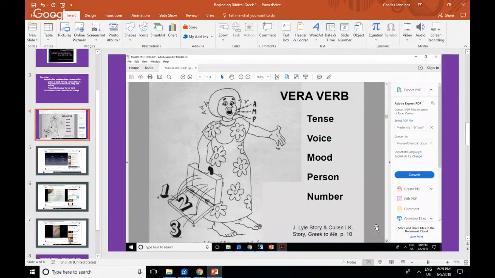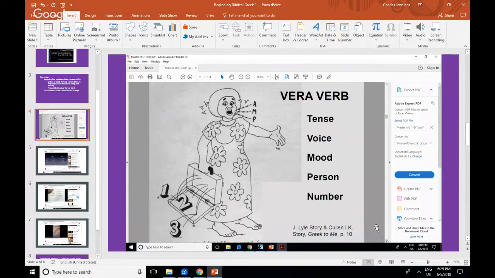And you see that rather than a purse, she has a briefcase. You could say either she's a person, or you could relate suitcase to purse. And you see the numbers are falling out. So in short, to remember how to parse a verb, just picture Vera Verb, really tense, speaking in a loud voice, active, middle, and passive, in a bad mood, and that she's a person, and that numbers are falling out of her briefcase.